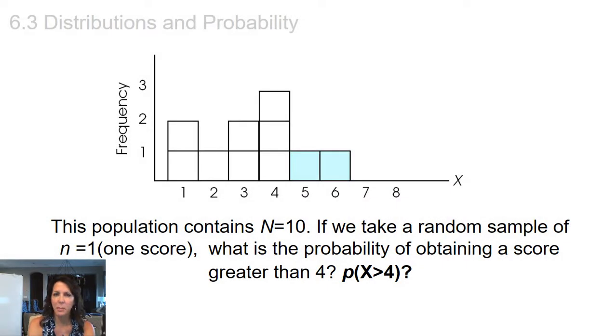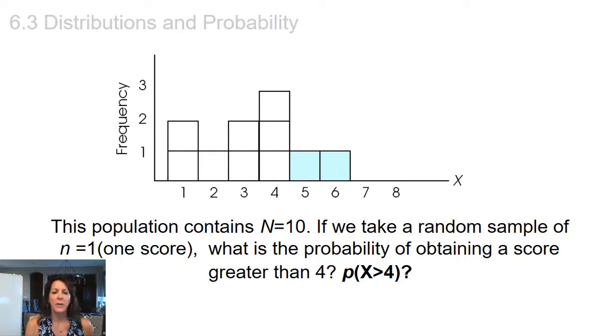All right, let's do a little bit of practice looking at the probability or the proportion of a frequency distribution. So this might look familiar to you. We've done something with this type of distribution before. This particular population has an n of 10. If we take a random sample of one score, what is the probability of obtaining a score greater than 4?